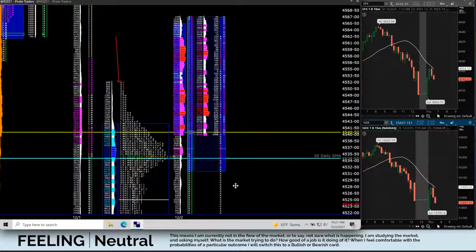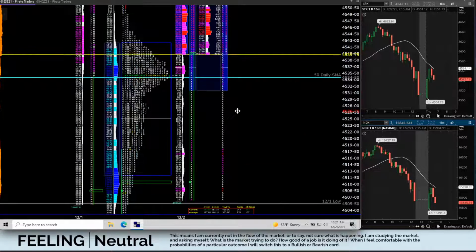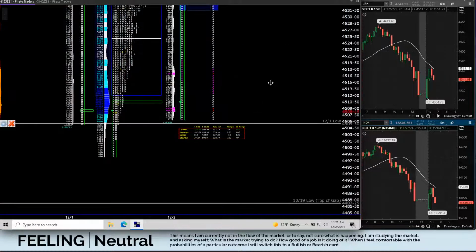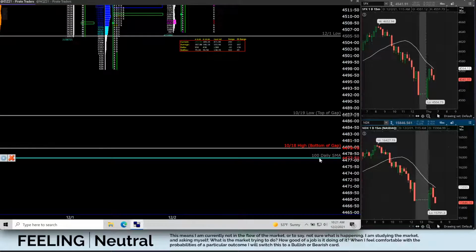Targeting 45.15. Yeah, I mean, if we get back through that 50 daily, I think we got some selling that's going to happen. We got a gap below that needs filling. And then looking for support at that 100 daily, 77.50.